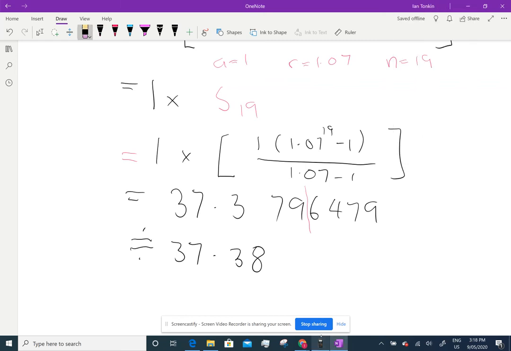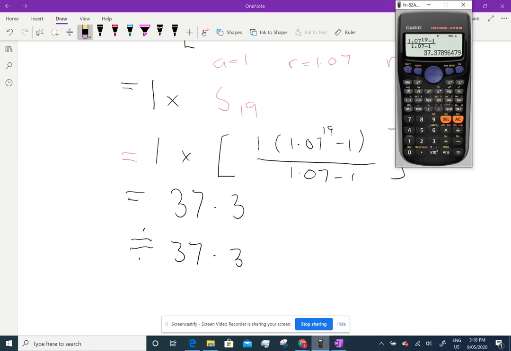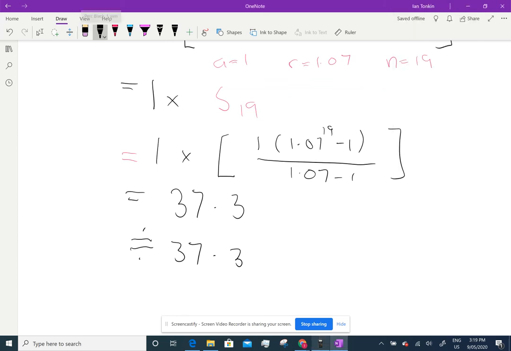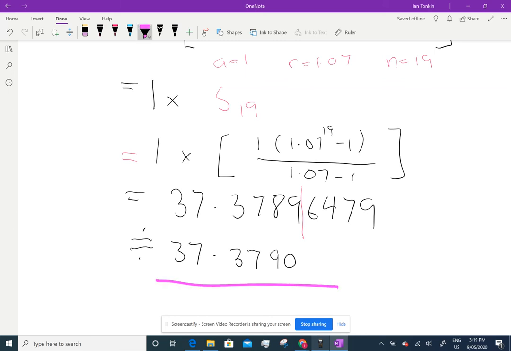I wrote it down incorrectly. Sorry. 37.3789, 6479. And they only go to 4 decimal places, 1, 2, 3, 4, so they go to there. So 37, and I don't write the 8 yet because that 6 is going to round that 9 up to a 10. So I'm going to get 9, I'm going to get 0, which is the number that was in the table. So that is how you prove it.